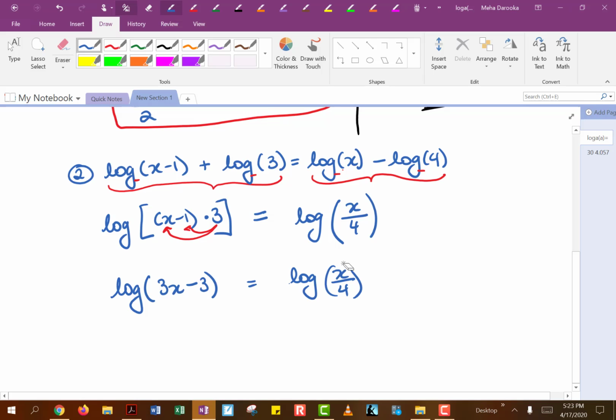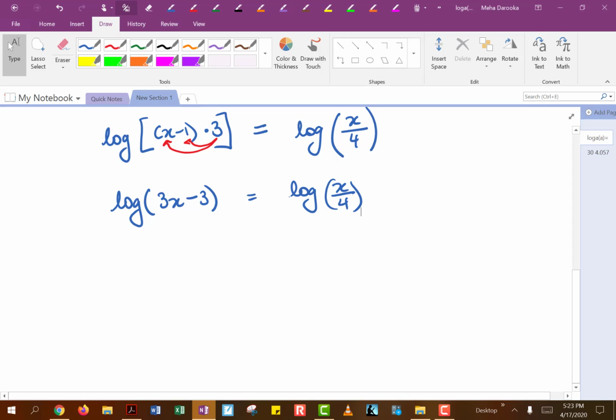Okay, so here you will notice that we have the same log base 10 on both sides, right? So now you are actually bringing in your 1-to-1 property. So remember, 1-to-1 property, and again let me write that down, says that if you have the same base logarithm on both sides of your equation, then we can say x1 is equal to x2.